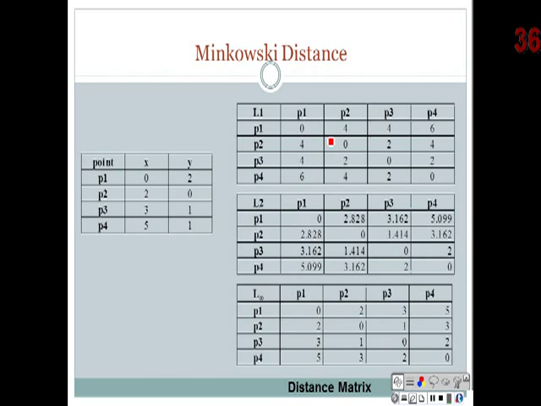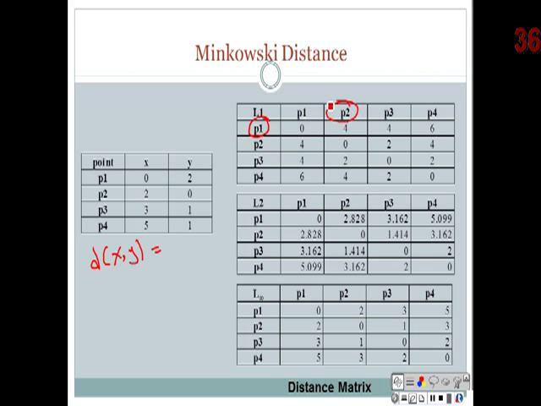So the first one, this is the Euclidean. Here is the block. This is the easiest one, where in this case you take r equal to 1. So for example, d(x, y) equal to the sum of, let's say I am calculating P1 and P2.